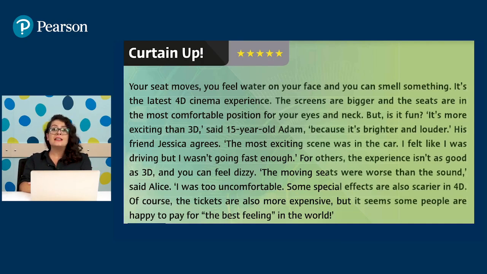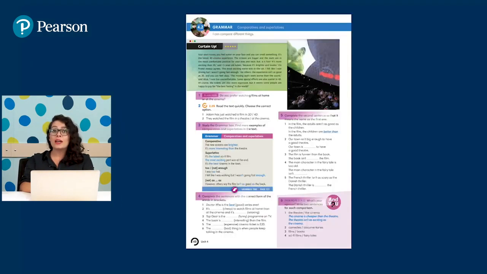As seen, the title of the text is Curtain Up, which is the title of the unit. Students are exposed to the target structure while they are still exploring more about the unit theme. And therefore, they are asked comprehension questions first, before dealing with grammar, because comprehension comes first.